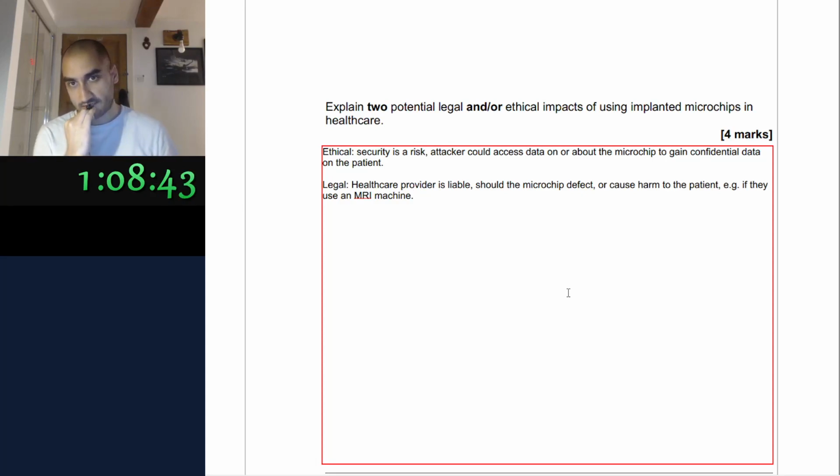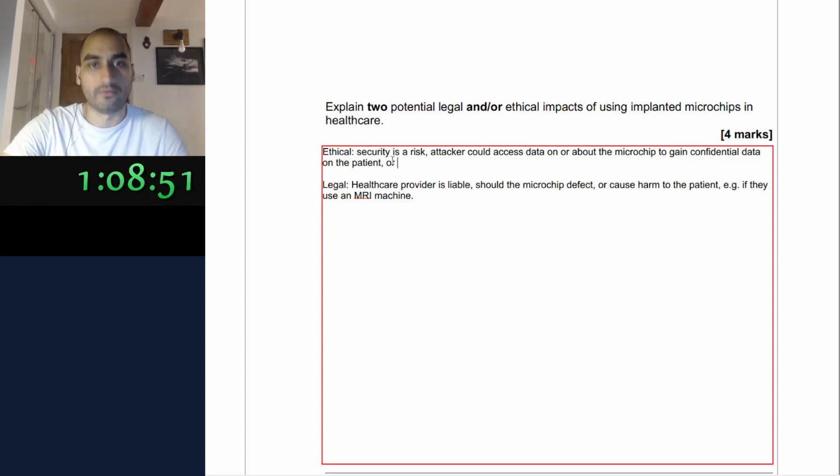Security is a risk. An attacker could access it and kill them, I don't know, if it's managing their heart or something, cause harm to them.